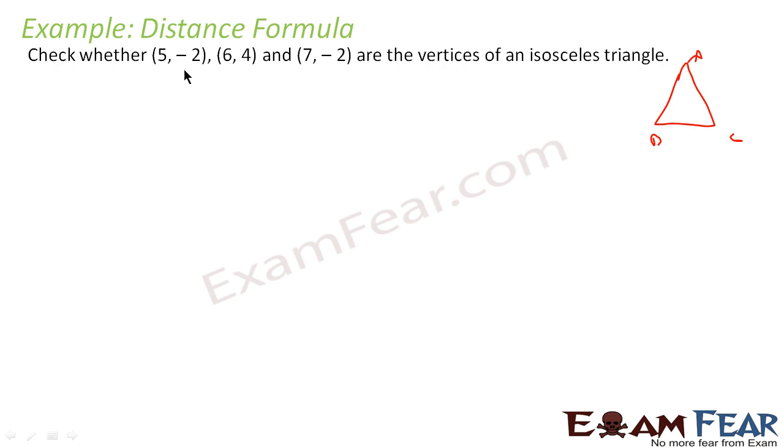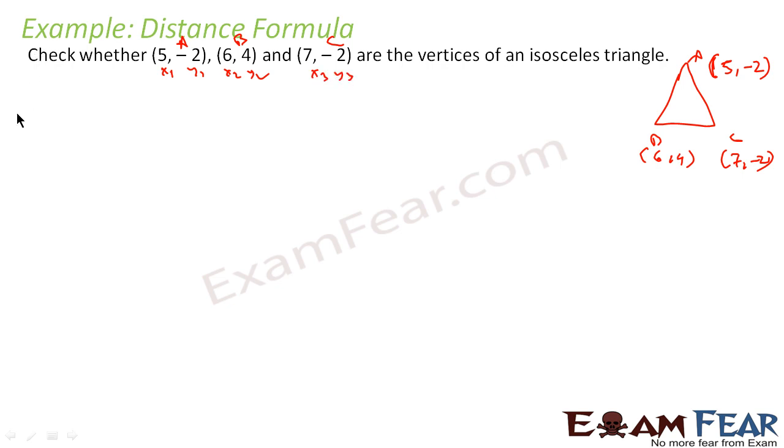So let these be points A, B and C. A is 5 comma minus 2, B is 6 comma 4 and C is 7 comma minus 2. Correct? And these points are x1, y1, x2, y2, x3, y3.